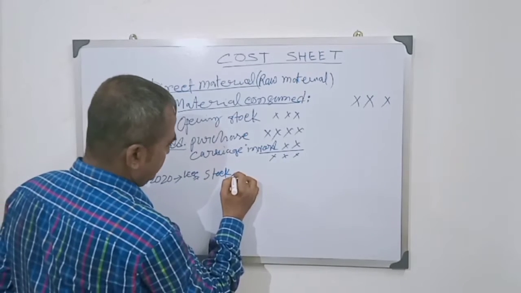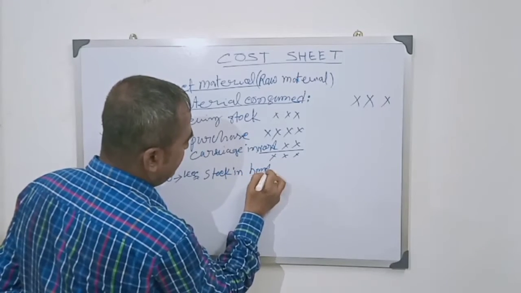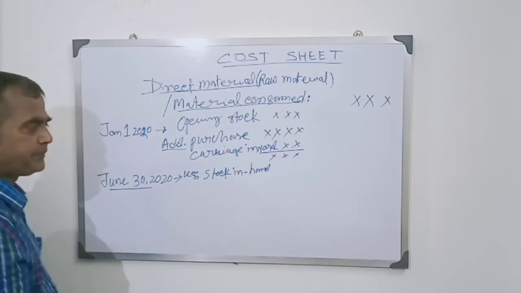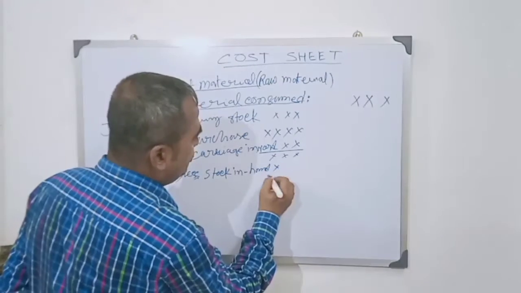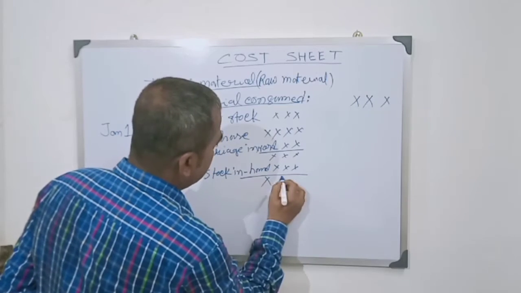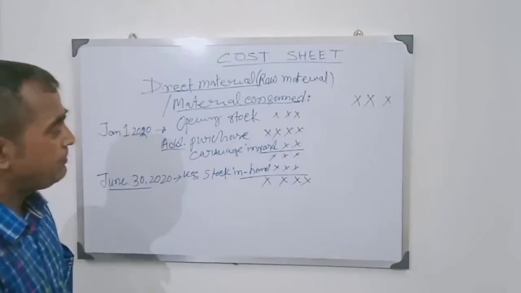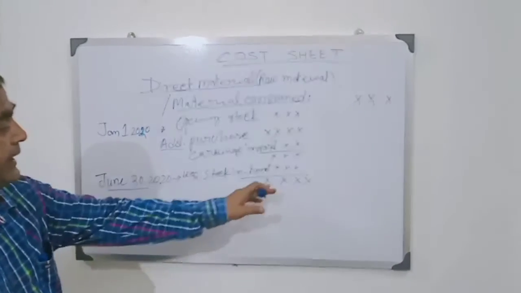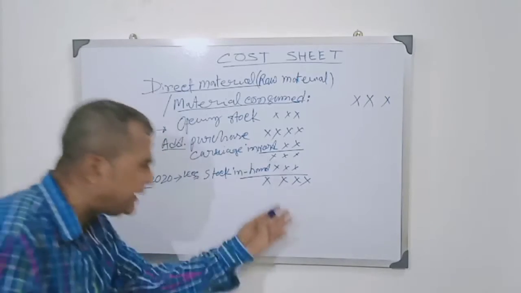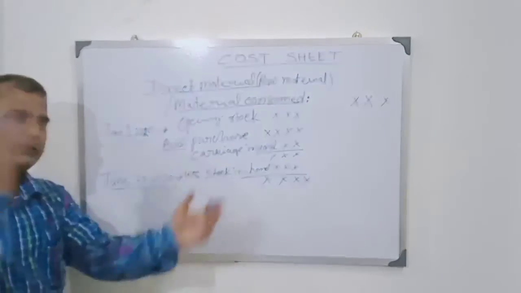Closing stock on which date? This date. So we deduct the closing stock and we get the material consumed. But I have not finalized it till now. Again, there are many expenditures which might come in here, which are not given in your books.